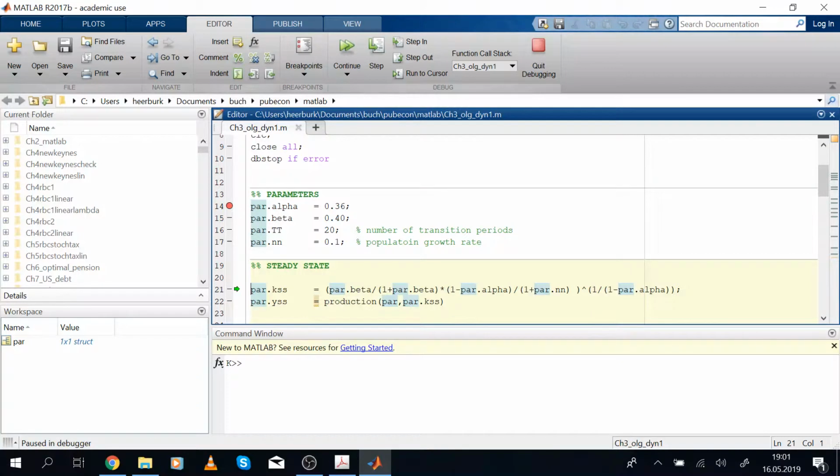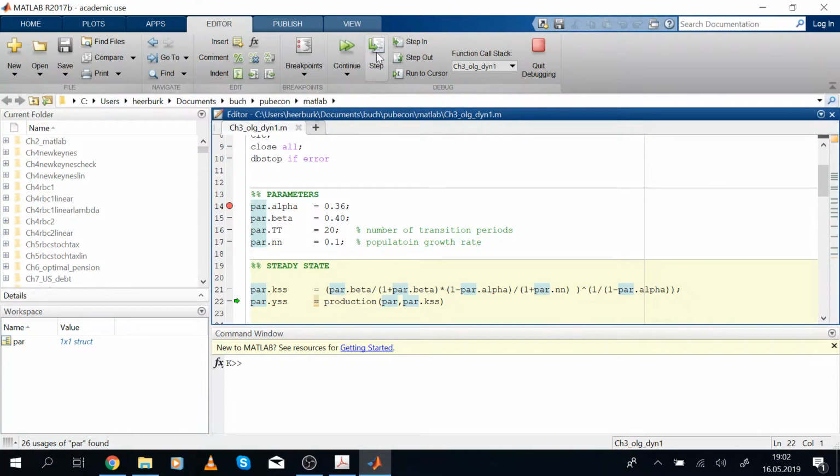So we have assigned alpha, beta, the number of transition periods and the population growth rate in the first 4 entries of the structure. Now the next one is the steady state capital stock. The right hand side of this equation is the one you find on the slide below, equation 21, and we compute the value of production in steady state.